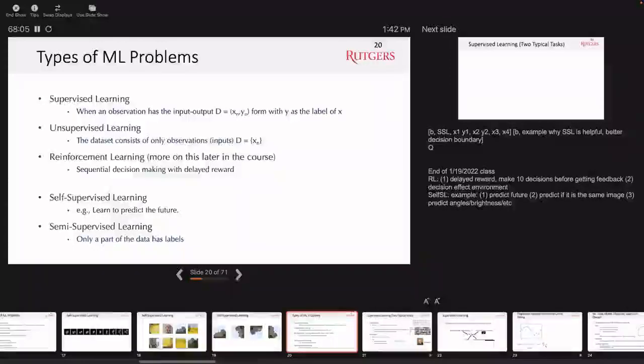You generate label for the rest of the data. I still don't get the question. You mean how do we use this unlabeled data? Oh, we're going to use the same model class, for example, linear model.